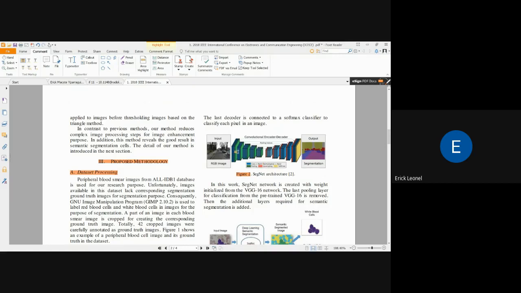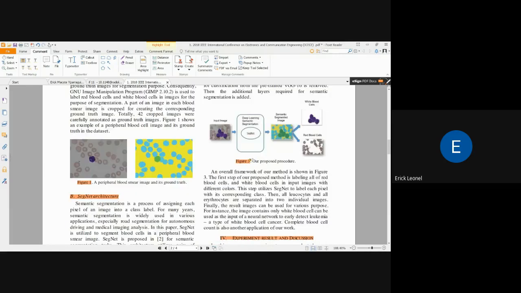It's necessary for the output image to have the same size as the input image. Therefore, the decoder stage includes upsampling. Each decoder corresponds with an encoder. The last decoder is connected to a softmax classifier to classify each pixel in an image.